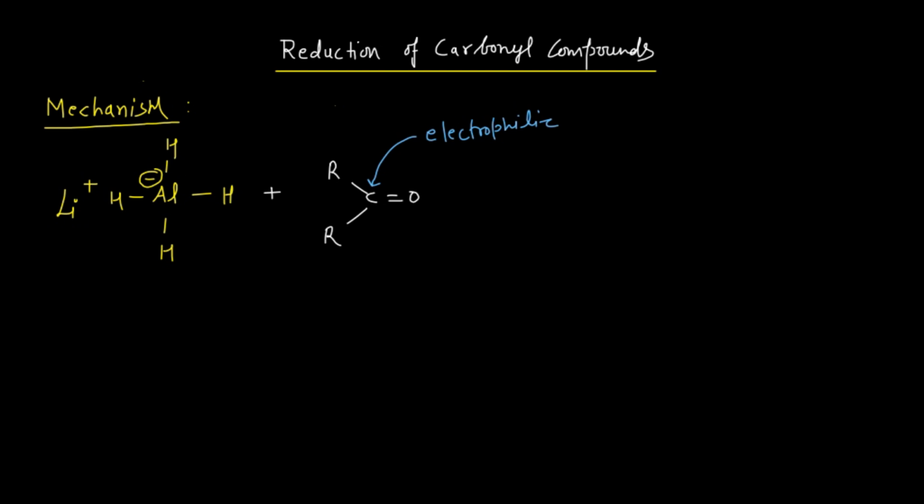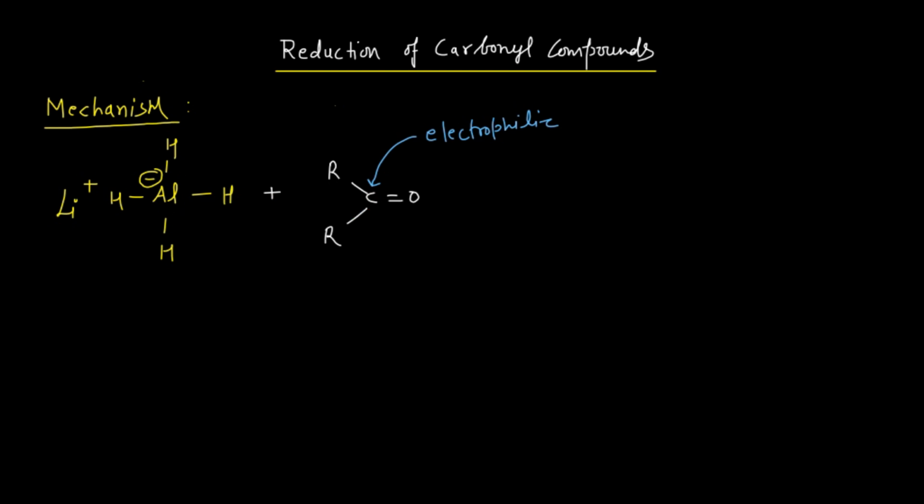You know this oxygen is here, and when this electron pair is shifted onto this oxygen atom, this carbon becomes positively charged. That's why it is electrophilic in nature, and any nucleophile can attack it.